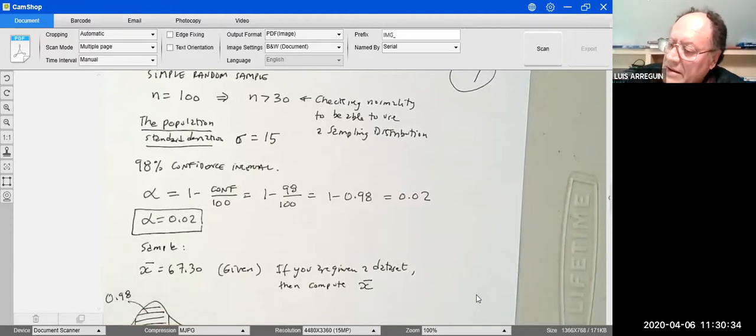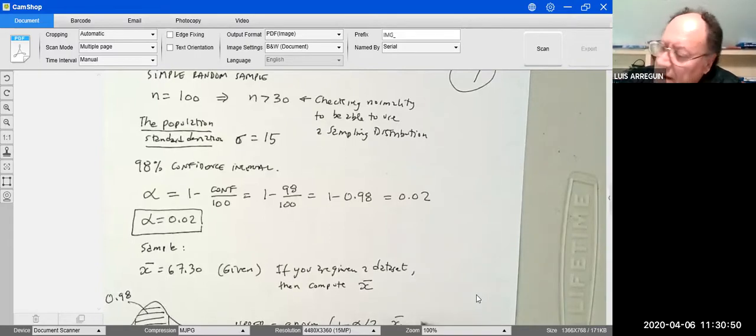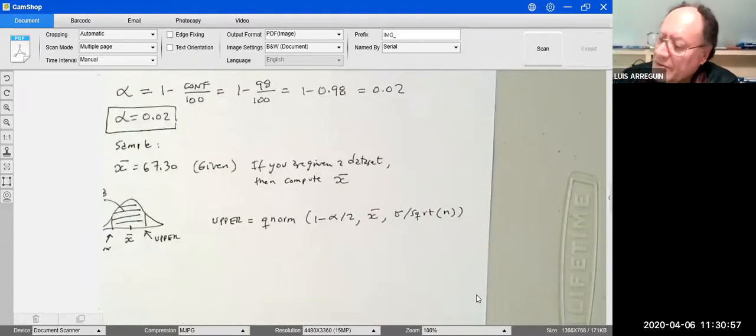So that's the 98% confidence interval. We're going to start with our upper limit. I gave you the formula: Q norm of 1 minus alpha over 2, x bar, sigma over the square root of n. So that's the formula.